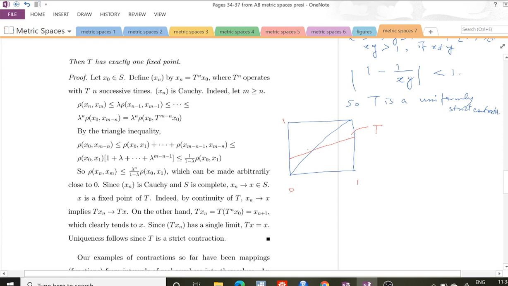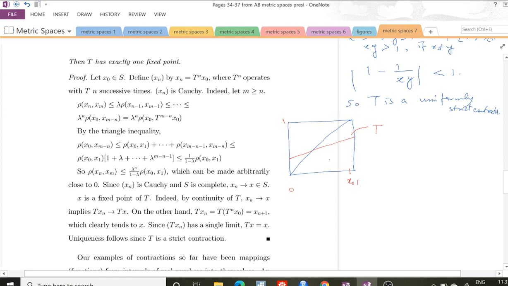The proof starts at any point x naught in the domain. So suppose we start here. That's our x naught, okay? And then it considers a sequence xn defined by each xn is T to the n of x naught, that is an n-fold map of T, where T^n operates with the map T n successive times on x naught, okay?